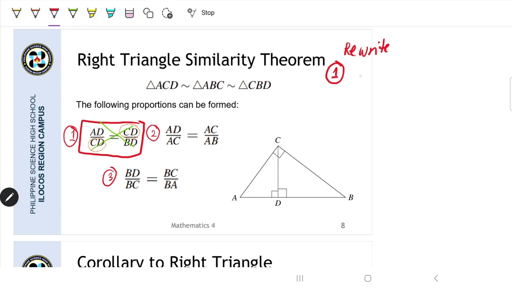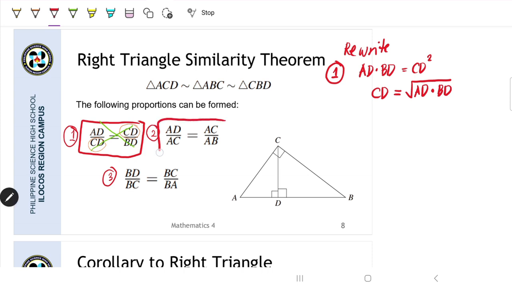AD multiplied by BD is equal to CD times CD, which is CD squared. Now, if I get the square root of both sides, I can say that CD is equal to the square root of the product of AD times BD. So that's the first equation when I rewrite the proportion.